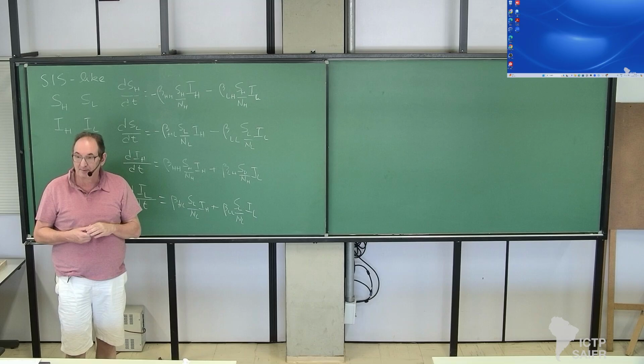So you have this. And they go back here plus gamma I_H. And that's it. Right? So you have 4 equations which have transmission terms and recovery terms.